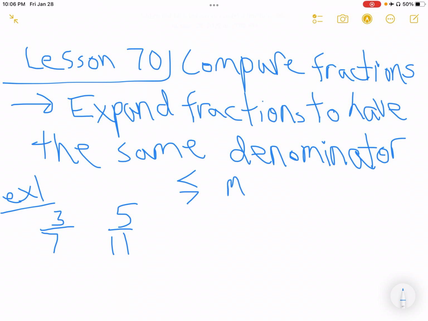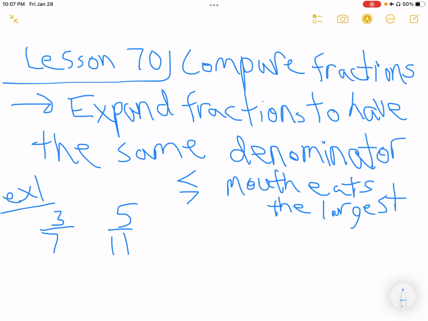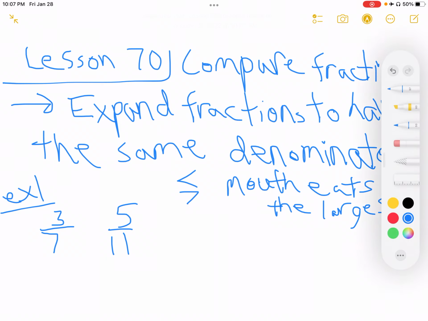So a good way to remember this is that the mouth eats the largest, okay? That's all you really need to remember about this. Okay, so we'll close this thing off, right? So it eats the largest.